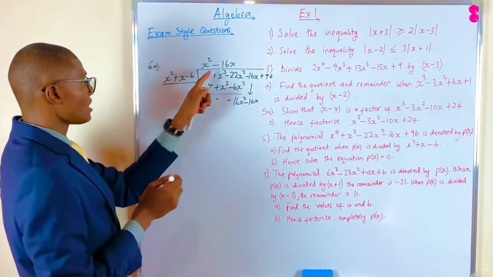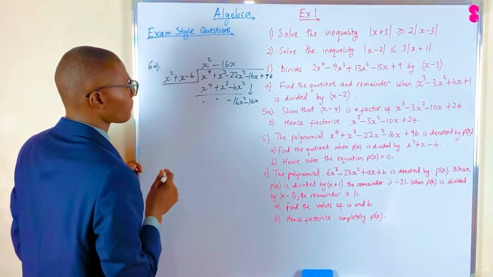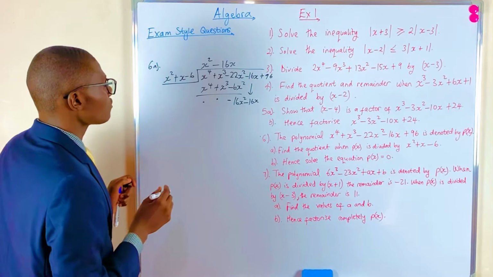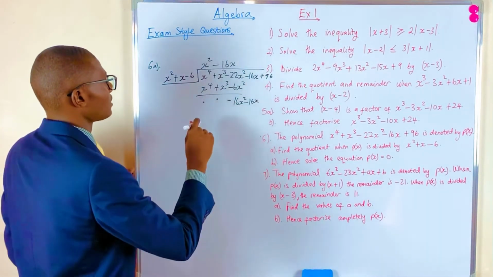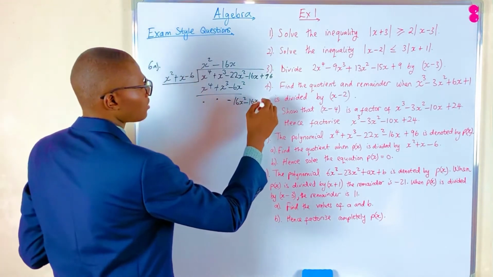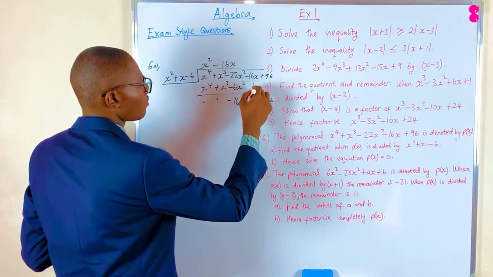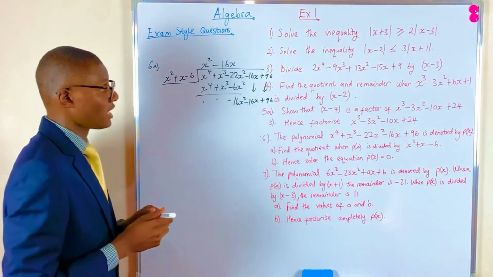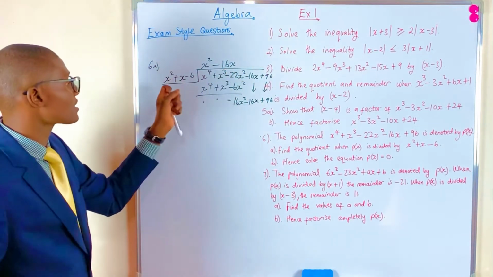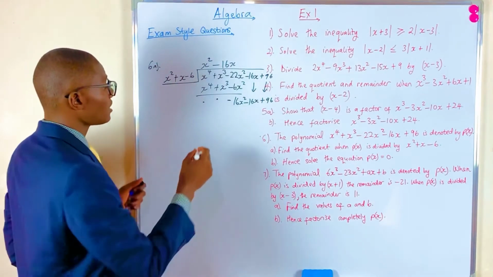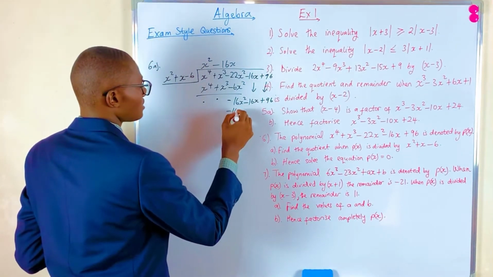Then minus 16x multiplying the divisor, right? So in actual fact, here we drop everything, right? Because plus 96, we're dropping this and we're dropping that, right? Such that minus 16x multiplying the divisor, we get a minus 16x squared.